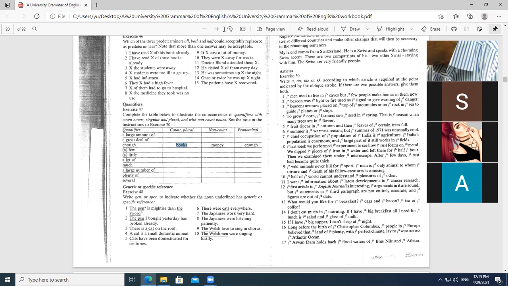Man also is zero article. Man is the only animal to whom torture and death of his fellow creatures is amusing. Torture, without the, zero article.